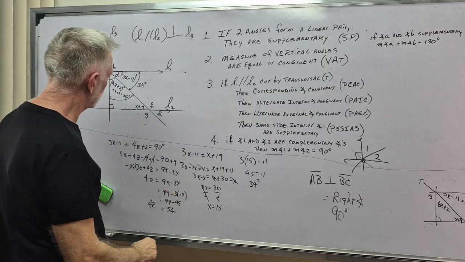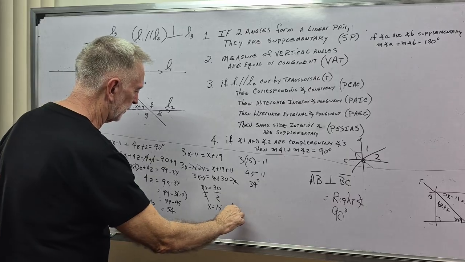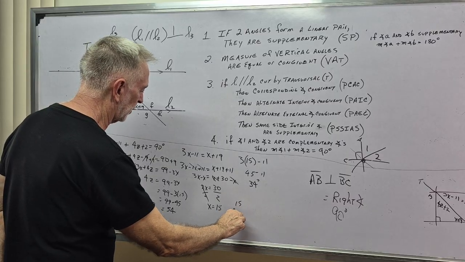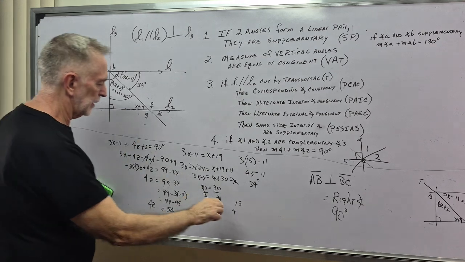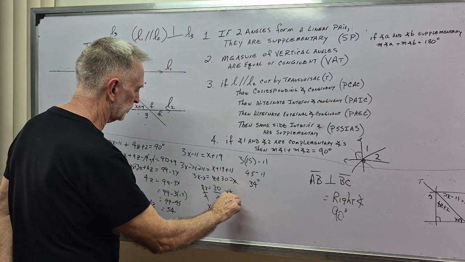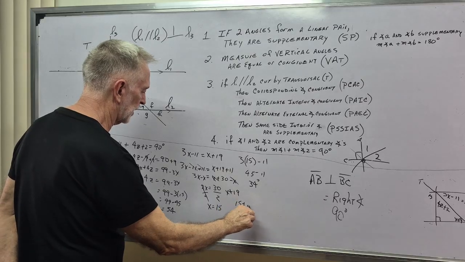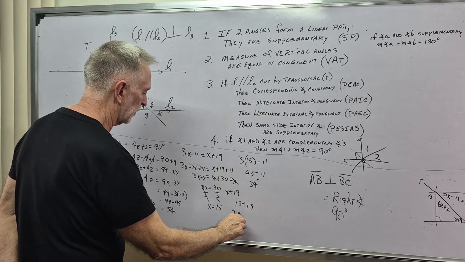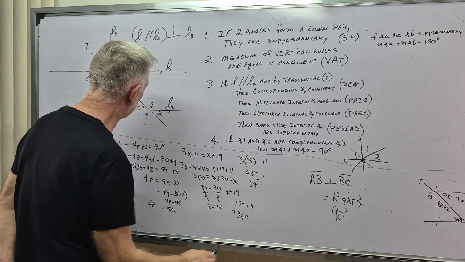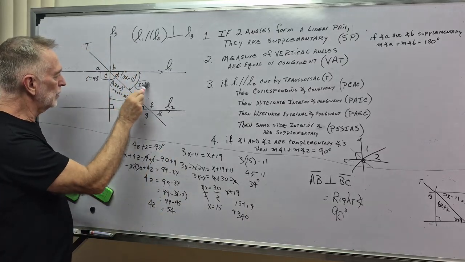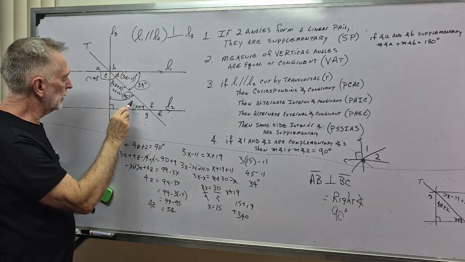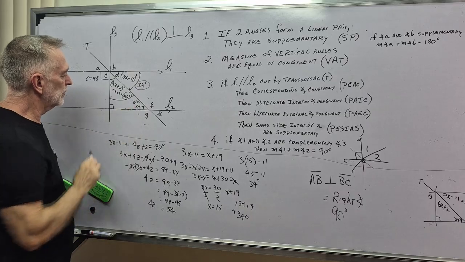What was x? x was 15. So 15 plus 19, 34. Wow, how about that? So we know that's correct, and this is 34 degrees also.